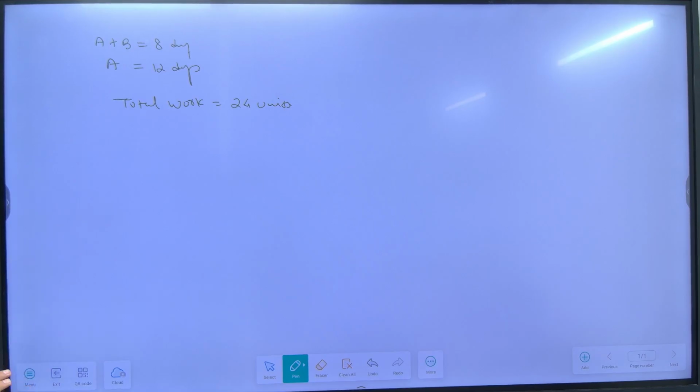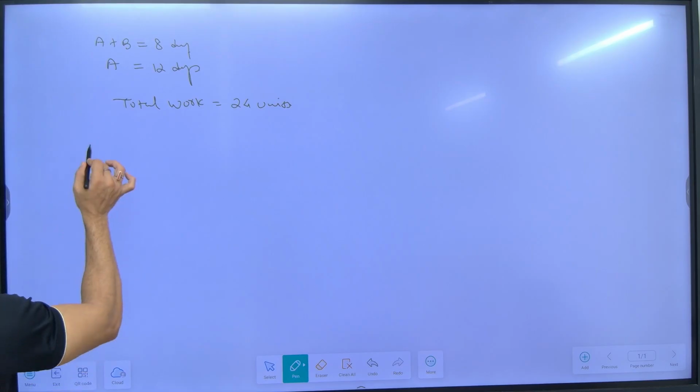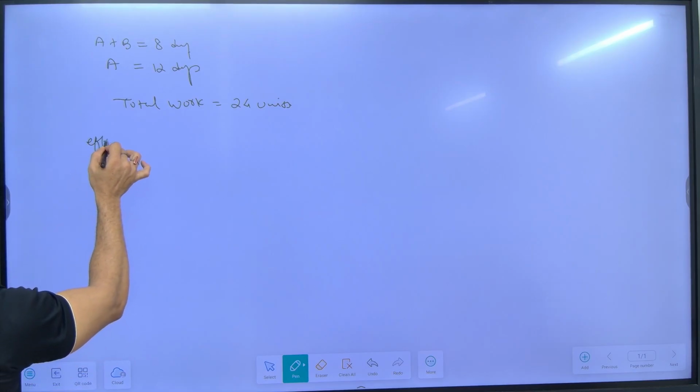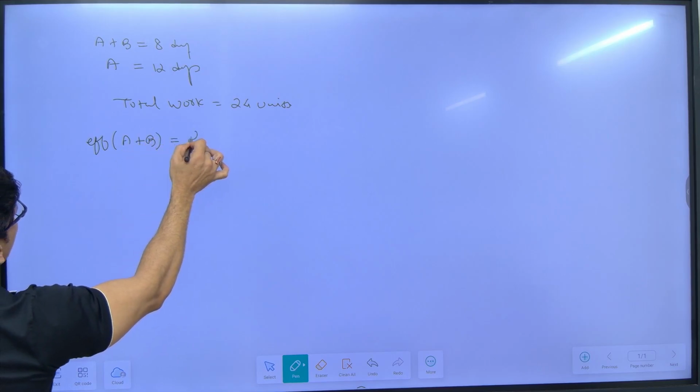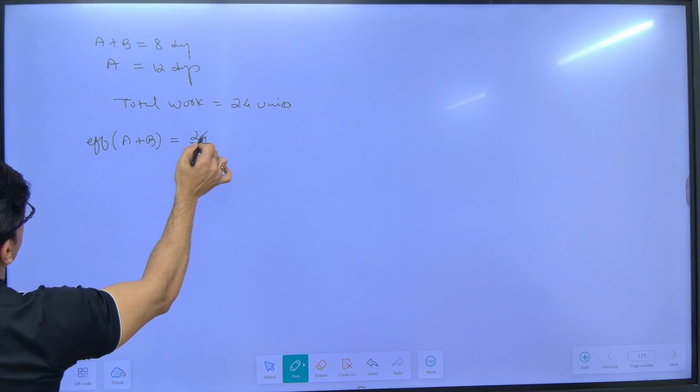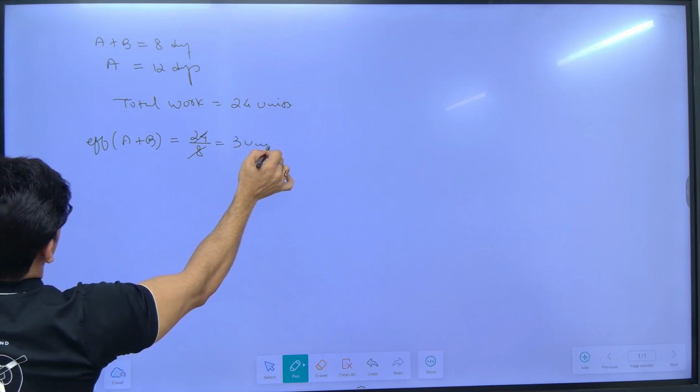Pay attention, all of you. Is the LCM part clear to all of you? 24 units is clear. Efficiency of A plus B is how much? 24 by 8, 3 units per day.